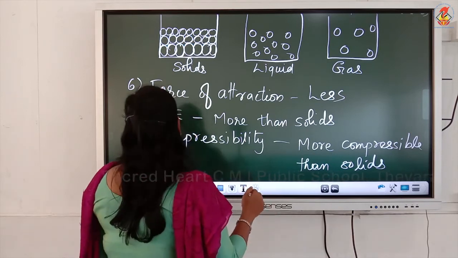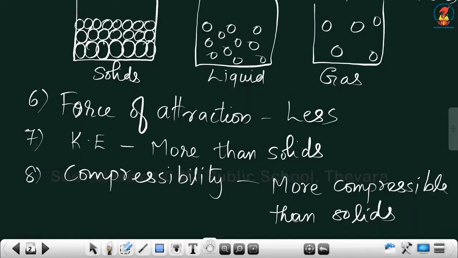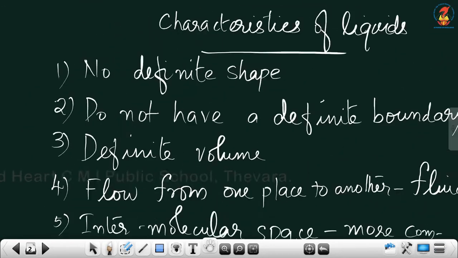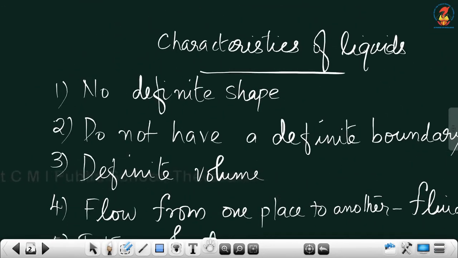Now, one by one we can see the points once again. Characteristics of the liquid state: no definite shape, they take the shape of the container in which they are kept, and they do not have definite boundaries, but they have a definite volume, and they can flow from one place to another, so they are known as fluids.